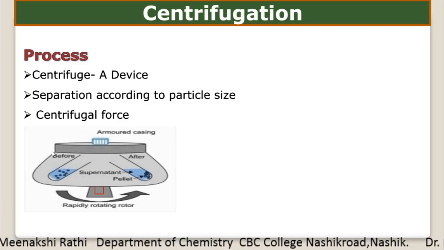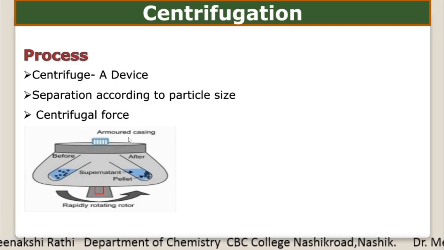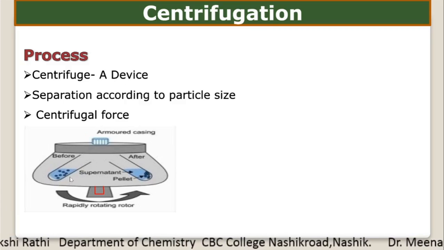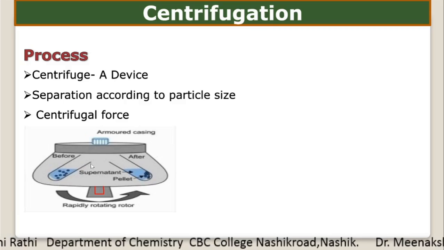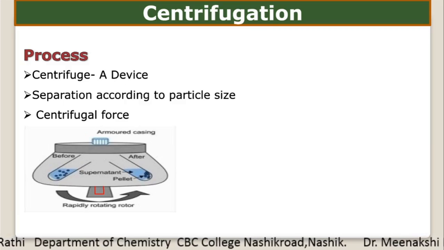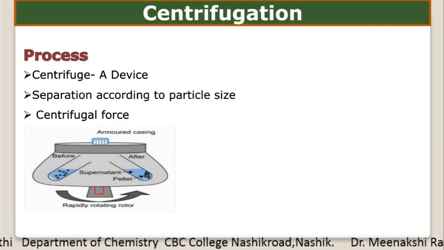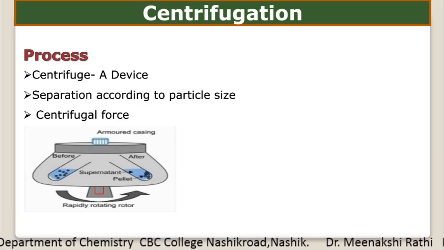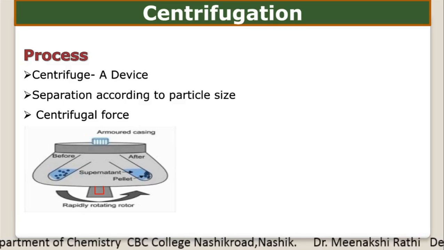Now you can see this is the container of the centrifuge, and in this container centrifugal tubes are kept. These tubes contain the sample which we need to purify, where we need to separate the molecules.